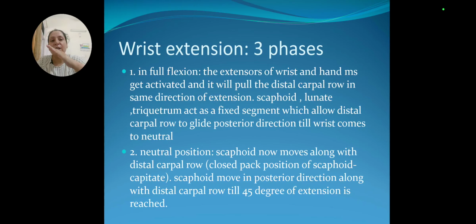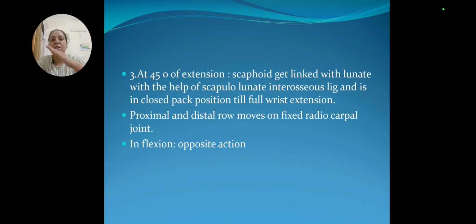Then after 45 degrees of extension, the scaphoid gets linked with the lunate along with the scapulolunate interosseous ligament, and they come into a close packed position until they reach full wrist extension, and they are responsible for bringing it into full wrist extension.